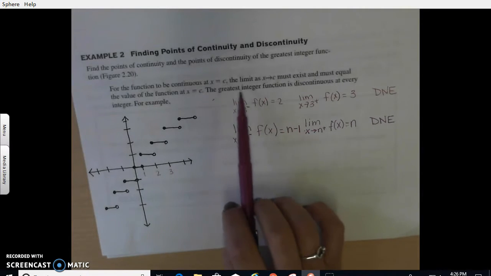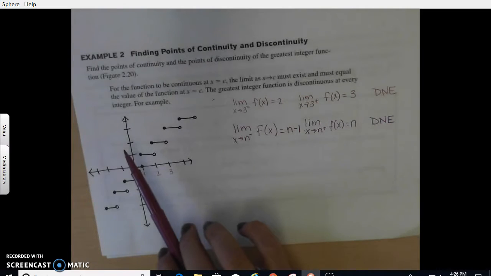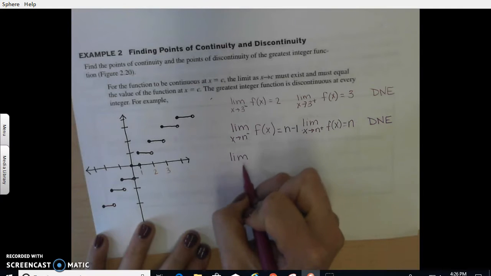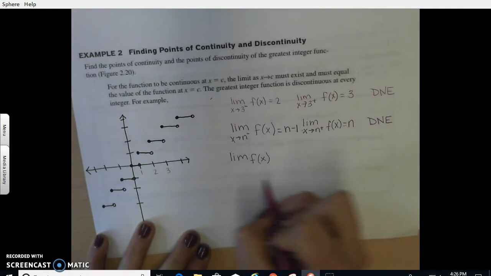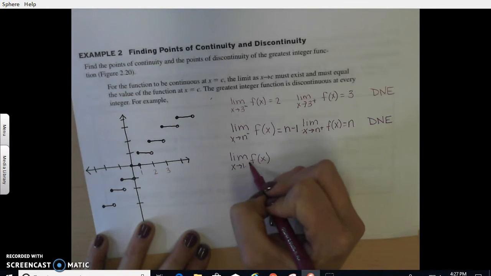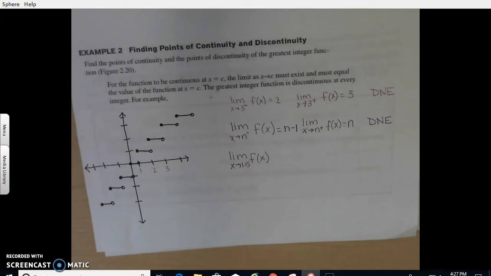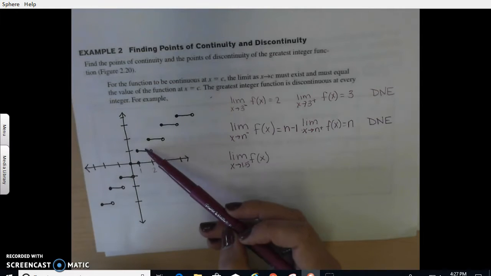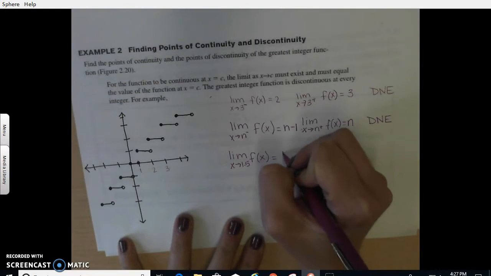And just like we said, the greatest integer function is discontinuous at every integer, like we just proved. However, it is continuous everywhere else, because if we have the limit of f of x as x is approaching, say, 1.5, if we're approaching 1.5 from the left or from the right, we are still at a value of 1.